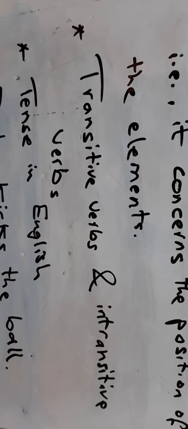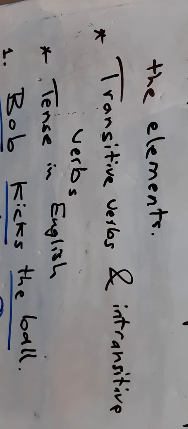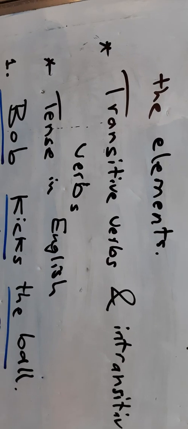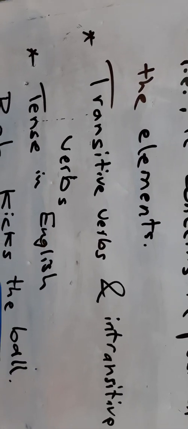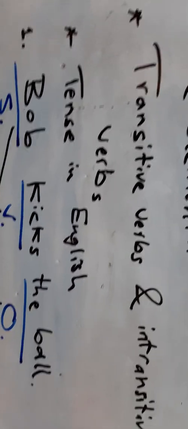Why? Because these verbs take objects. Passive in English is highly connected to the notion of tense in English. The changing of the verb into passive depends on its tense.